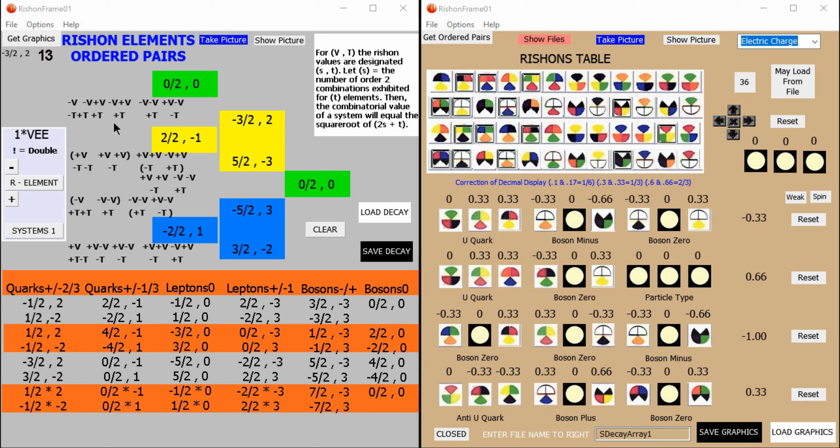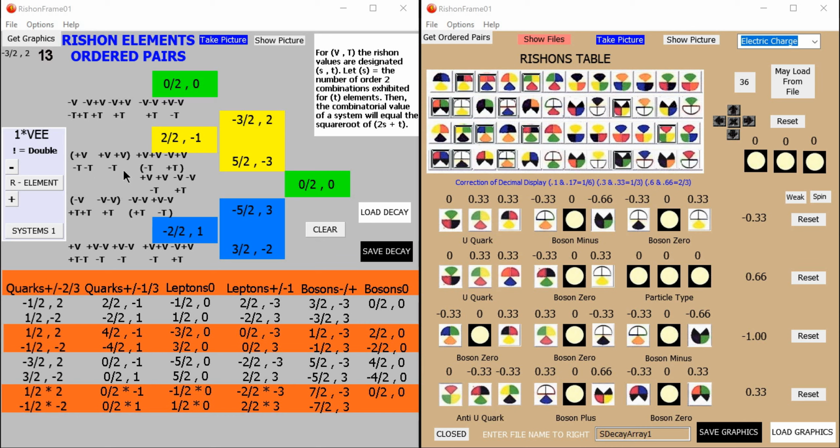And we can see here that the U quark will be composed of a generic U and a neutral boson, which will include a T prime and anti-T rishon.